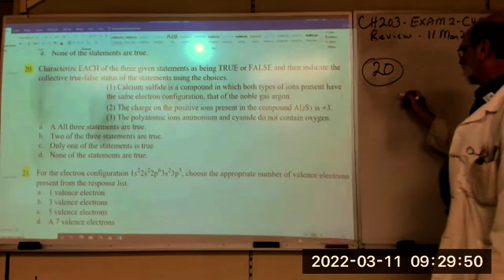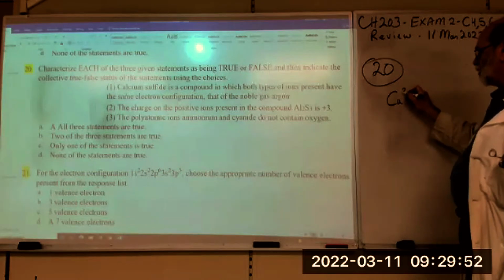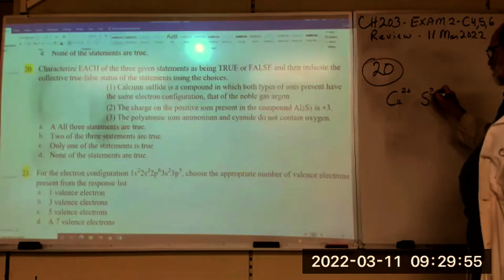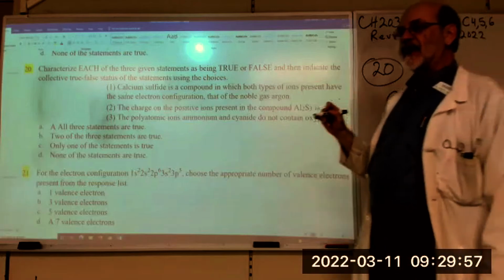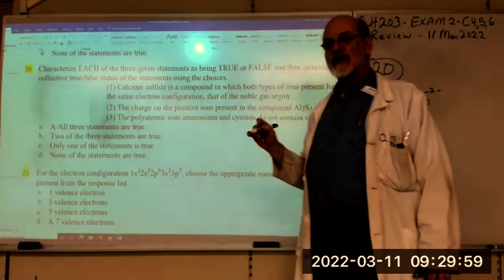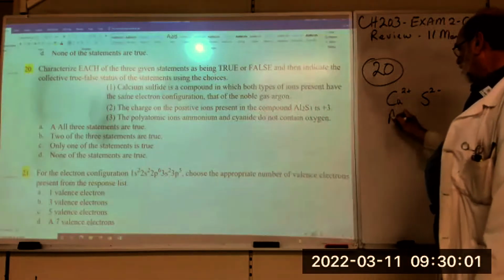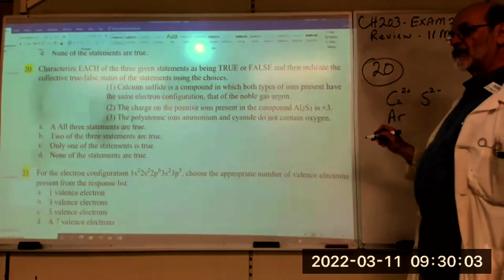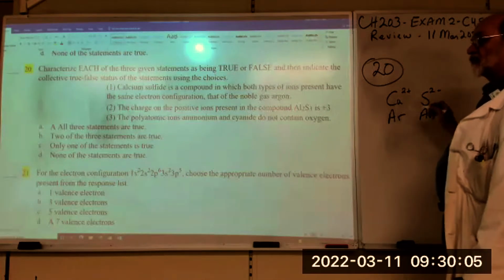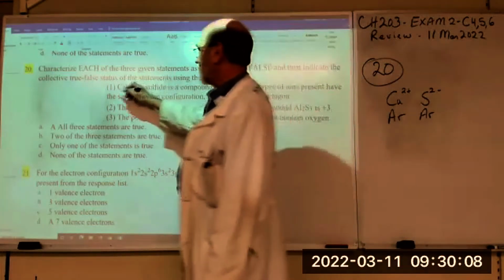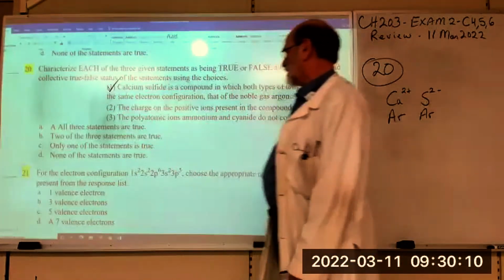Let's see, calcium would be 2 plus, sulfur would be 2 minus. Calcium would lose 2 electrons and look like argon. Sulfur would gain 2 electrons and look like argon. That's true. This statement is check.